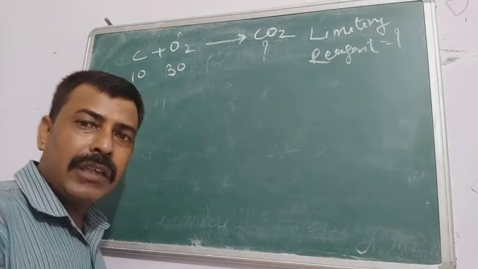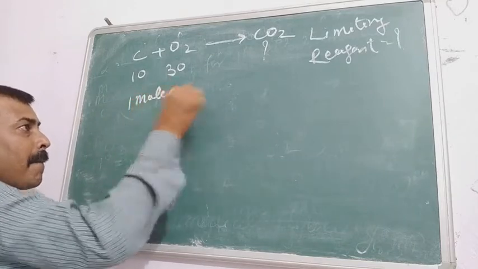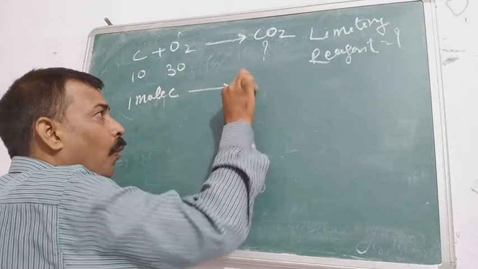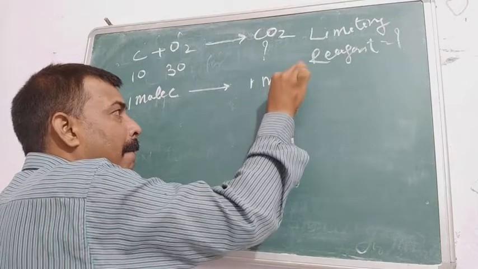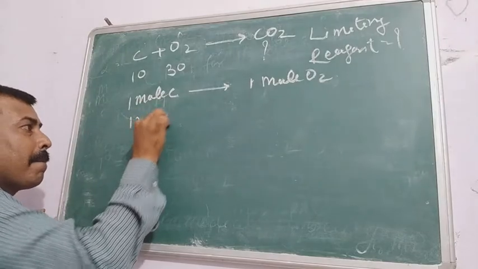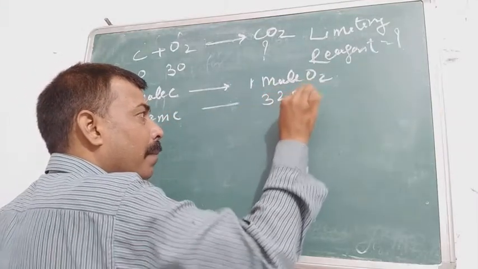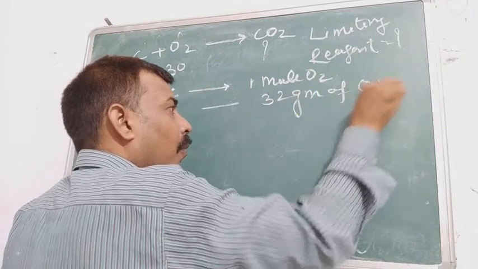So, according to the reaction, 1 mole of carbon reacts with 1 mole of oxygen. That means 12 gram of carbon reacts with 32 gram of oxygen.